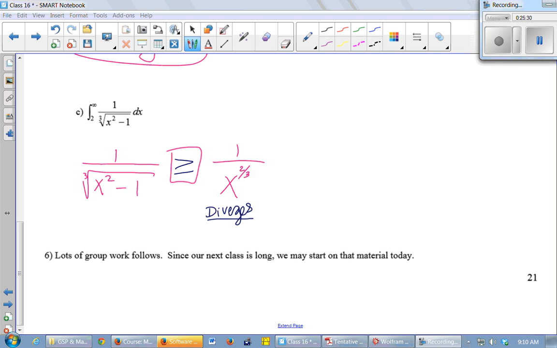Okay, so this guy diverges, which means it's infinite, right? And this guy is bigger than it, right? If you're bigger than something infinite, you have to also be infinite. So this one has to be also infinite. So that means that this has to diverge.